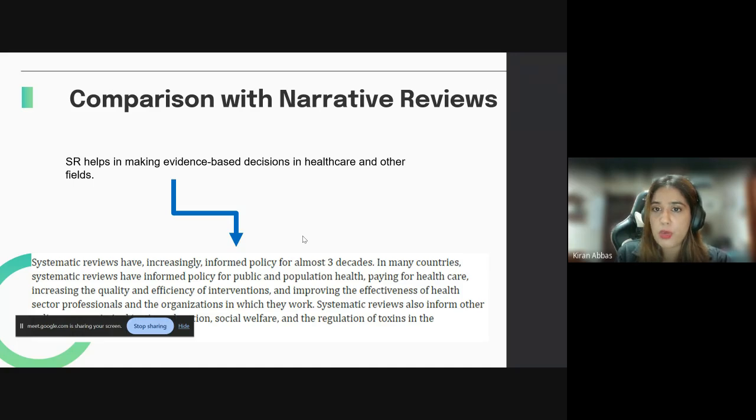In contrast, narrative reviews could be a summary of a specific topic, like different treatment modalities of chondrosarcoma, for example. This is not answering any questions. This is just stating the different types of treatment modalities. It's not going to tell you which one is better than the other, but it will tell you what the different modalities of treatment are. Do you get it?